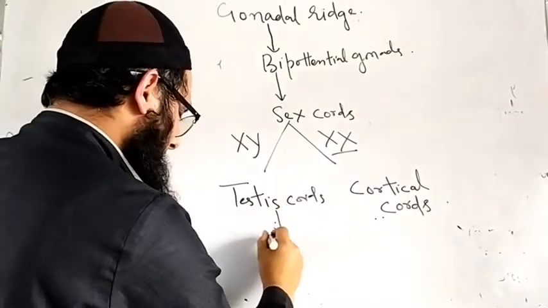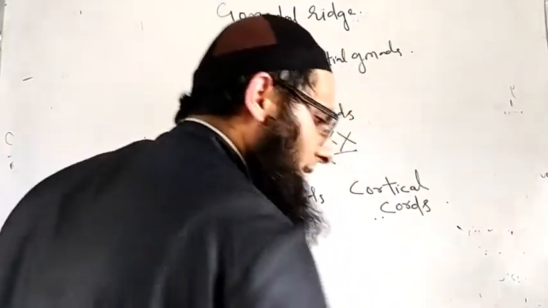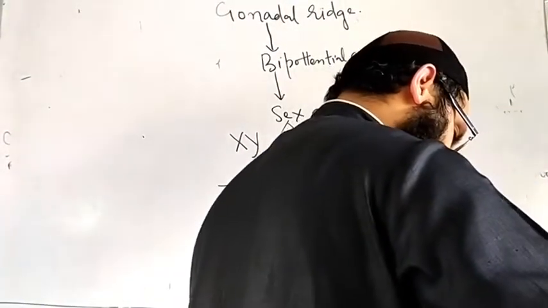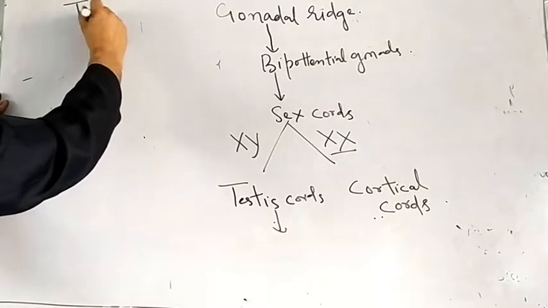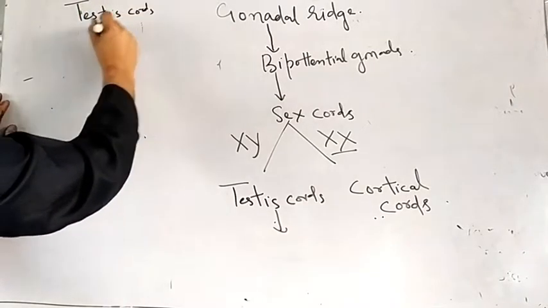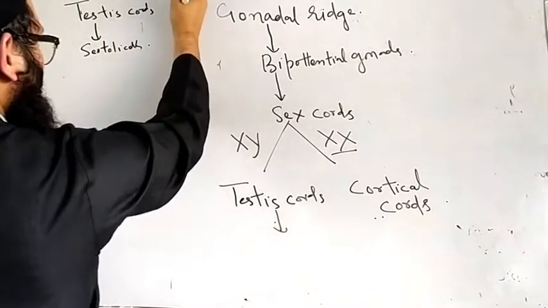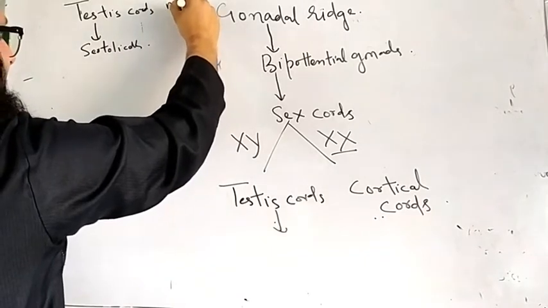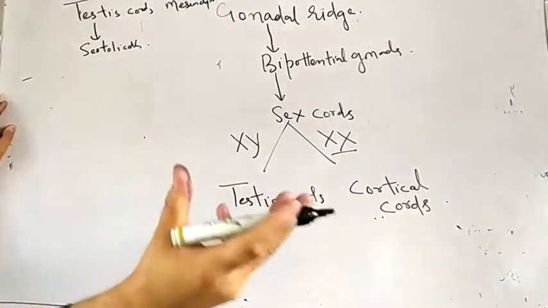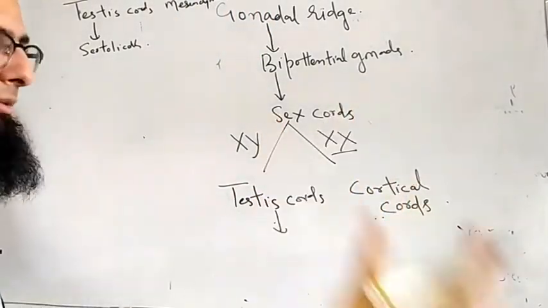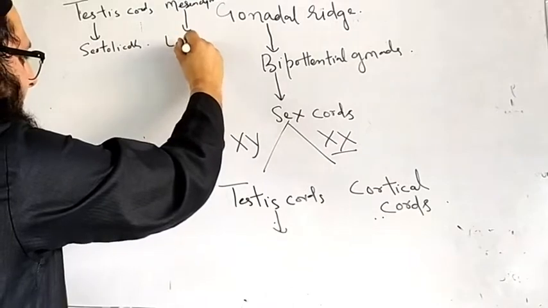Testes cords form the Sertoli cells, and adjacent to this we have these mesenchymal cells. I told you mesenchyme is a tissue of mesodermic origin with the multipotential to develop into different types of cells. They will form the Leydig cells.